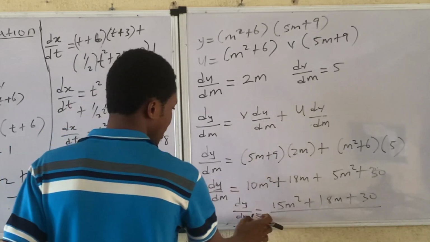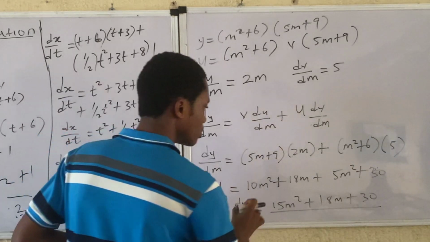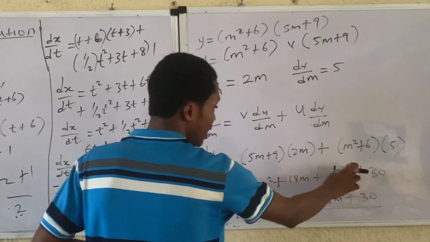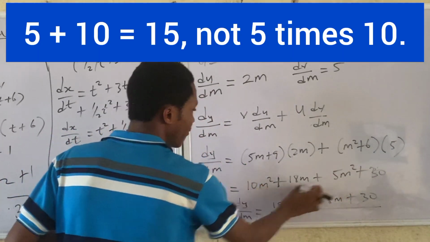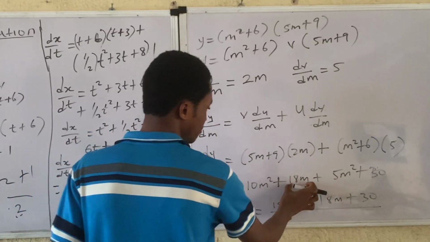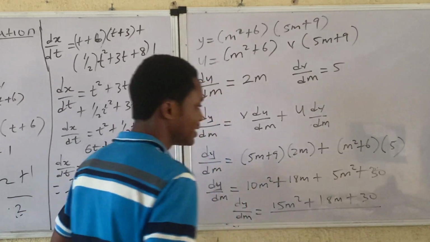So dy/dm equals, here we collect like terms. We have 10m squared and 5m squared. They have the same power, so you add them together: 15m squared. We have 18m, so we repeat the 18m and 30.